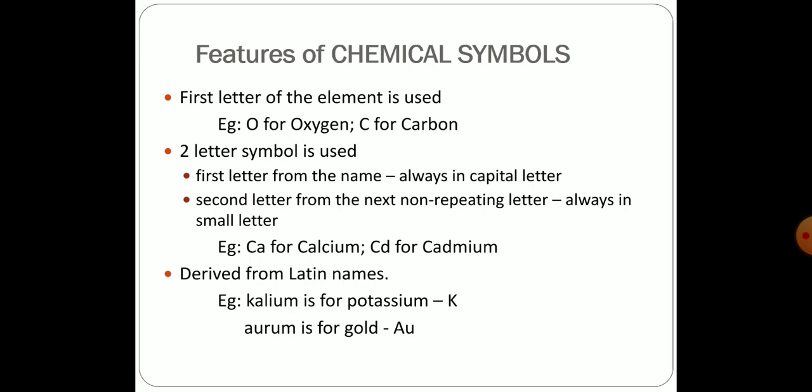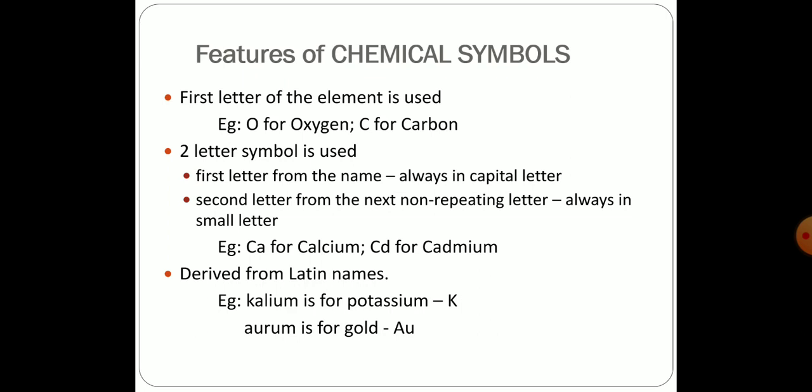And then we have certain names from Latin words. For example, potassium is called kalium, and gold is called aurum in Latin. So we can take the letters from the Latin names. Okay, so there are three ways to assign a symbol for an element.